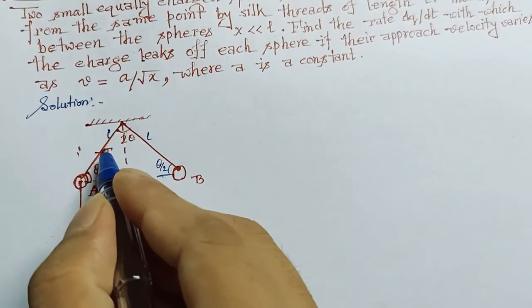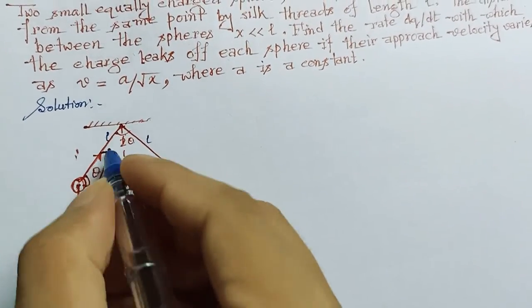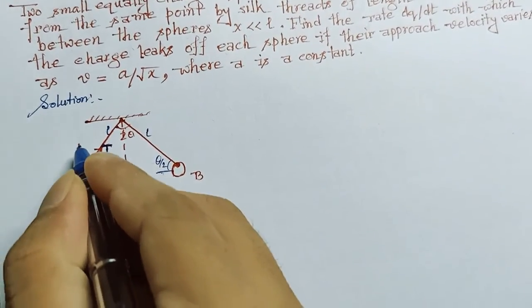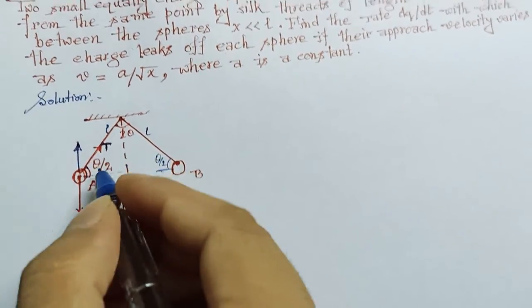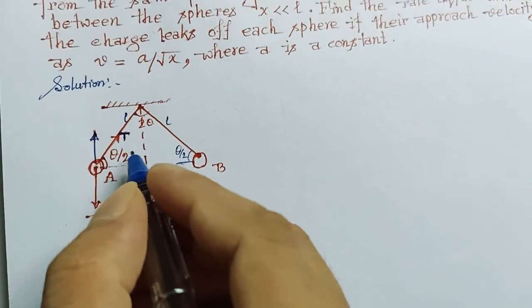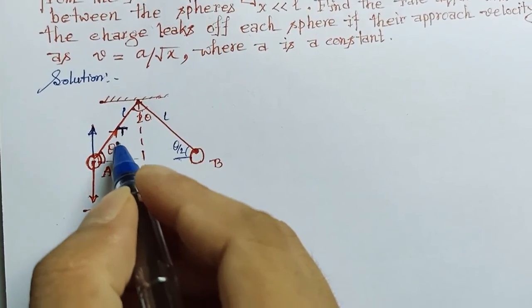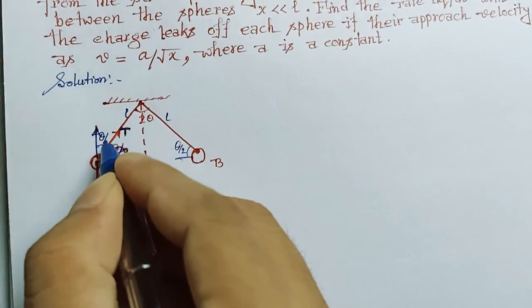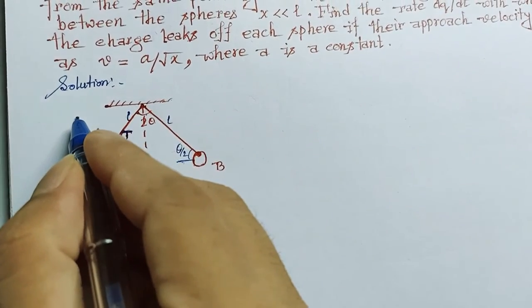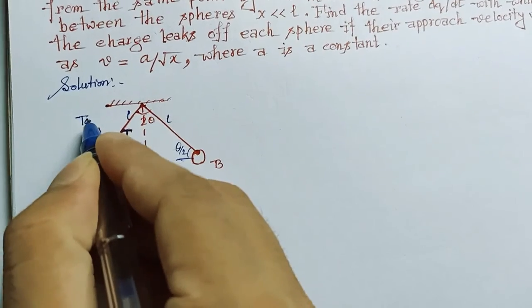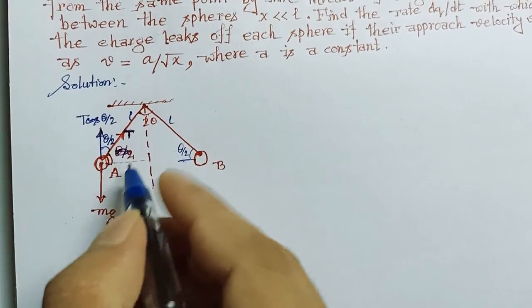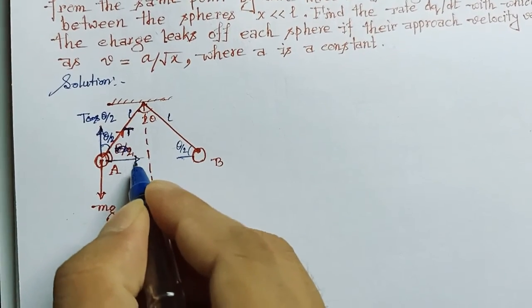Let the tension developed in the thread be T. If we divide this T into two components, then as this angle is theta by 2, this component will be T cos theta by 2, and this component will be T sin theta by 2.